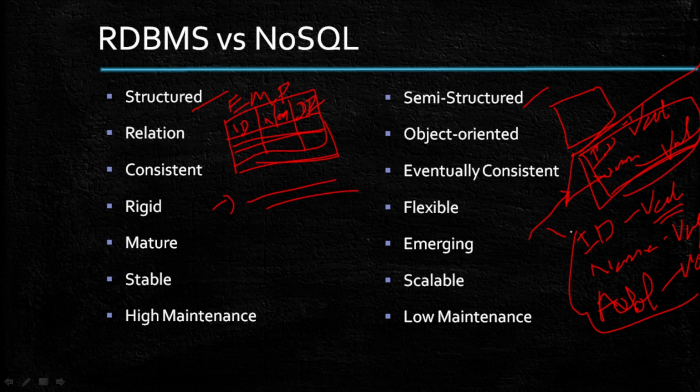In that collection he entered another new document, but with one additional column, that is address. At that time he will not get any error and the data is inserted in the employee collection. That's why we say NoSQL database supports semi-structured data.